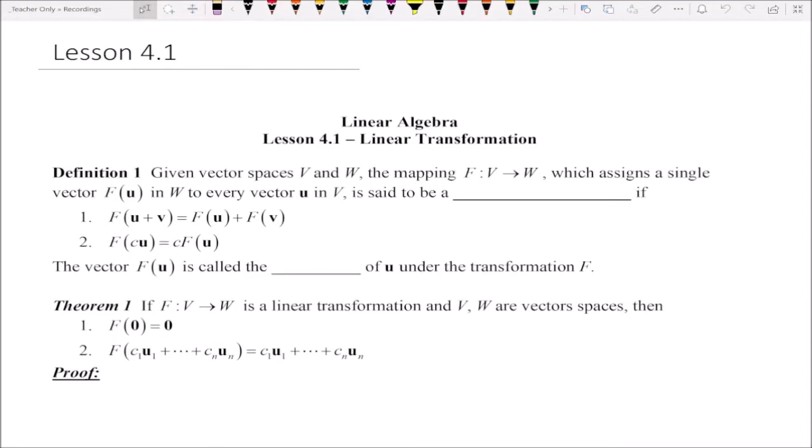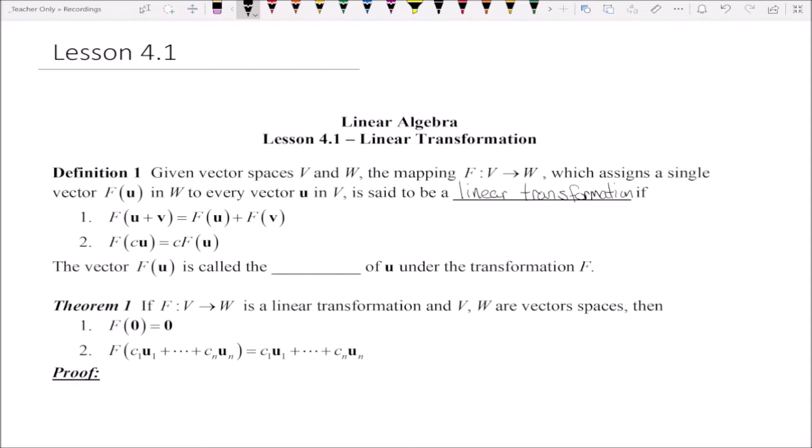Given two vector spaces V and W, the mapping f, which maps V into W, which assigns a single vector f of u in W to every vector u in V, is said to be a linear transformation if these two conditions hold.